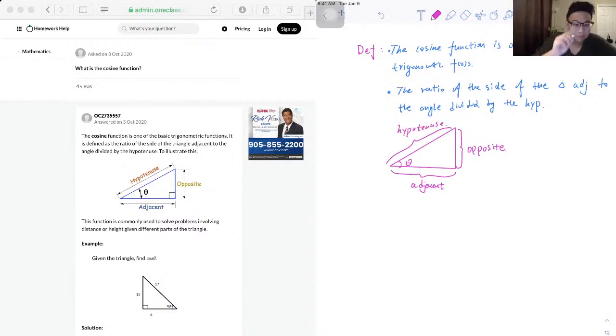Alright. And this function is commonly used to solve problems involving distance or height given different parts of the triangle.